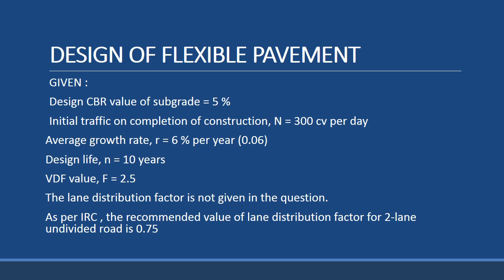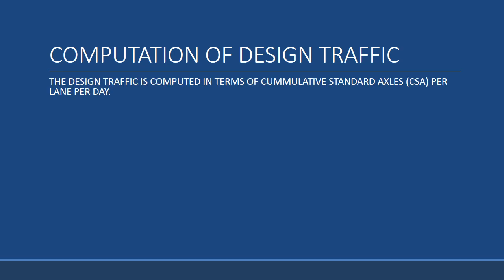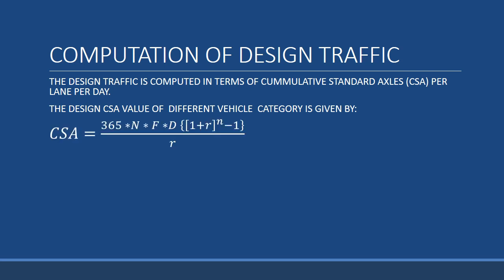Now let's see how to solve the problem. In the first step we are going to compute the design traffic, which is computed in terms of cumulative standard axles. The design CSA value for different vehicle categories is given by this formula, which we have used earlier in a problem I explained in a previous video lecture.